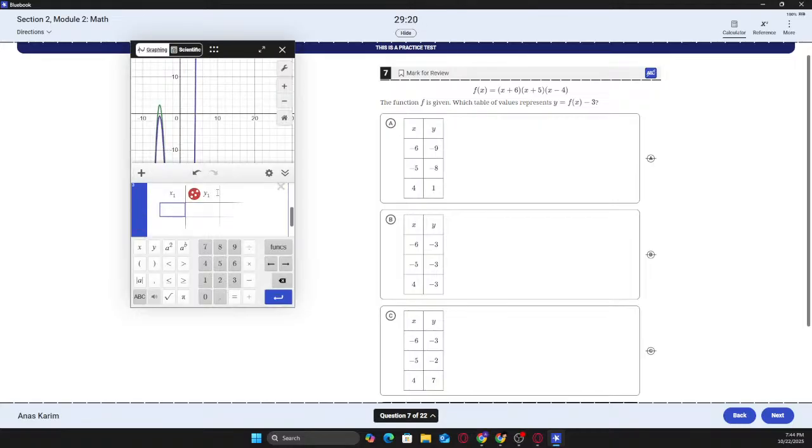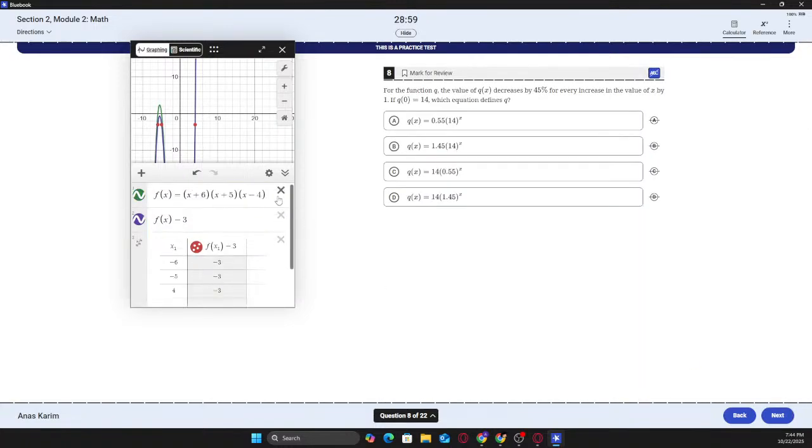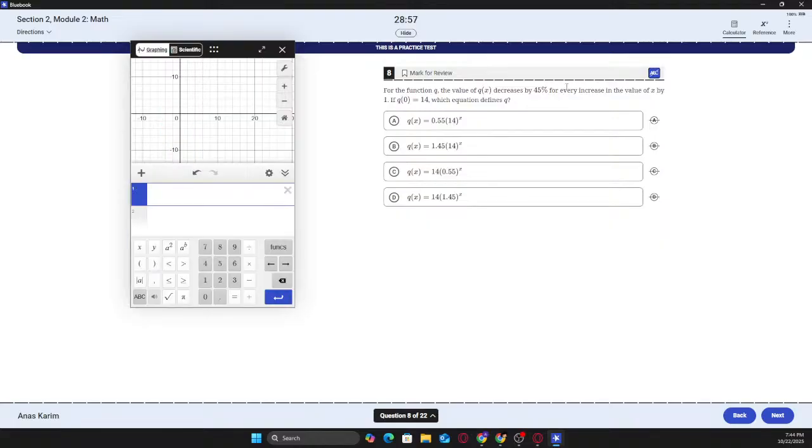So, f of x minus 3, actually be x1 minus 3. And we can just type in equations for it. So, negative 5 and 4. Oh, negative 3. Would you look at that? Decrease it by 45.